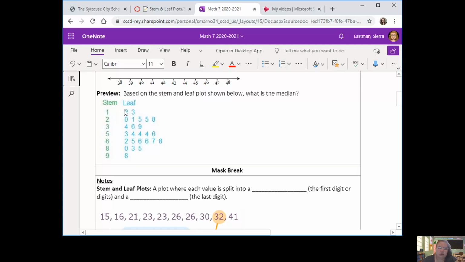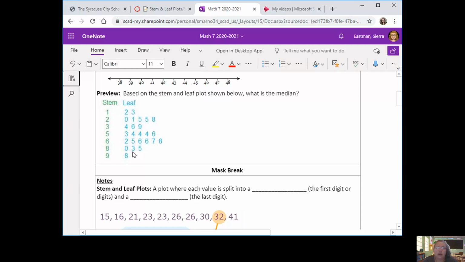So what you can do here, even though we don't quite know what our stems and leaves are yet, we can still use our fingers on the first number, which is actually the 2 in the leaf column, and the very last number, which is the 8 on the bottom of the leaf column.